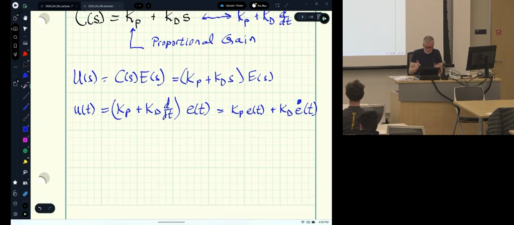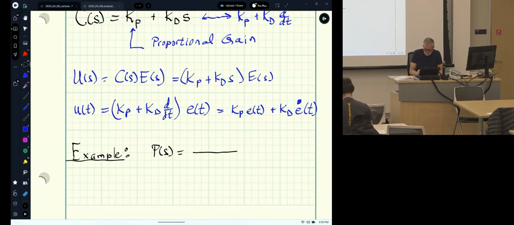Okay, so let's just see through an example, and then we can see if it answers the questions you have in your mind about what is the utility of feedback control with PD.